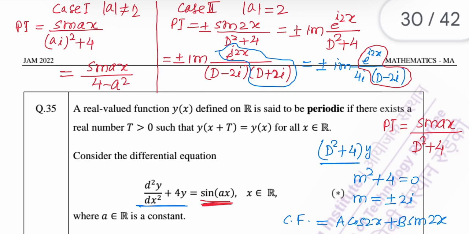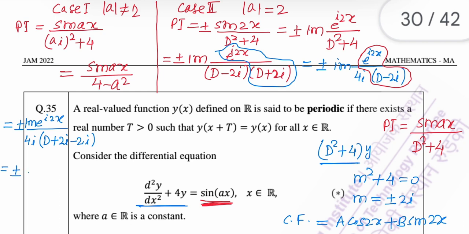Here I write the next step: plus minus e to the power i 2x by 4i, and here will be D plus 2i, and minus 2i is already there. And here will be Im, meaning imaginary part.